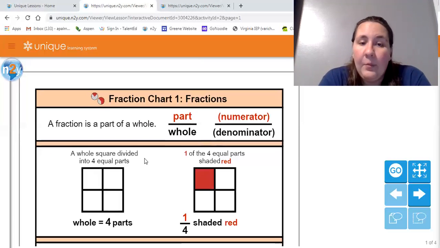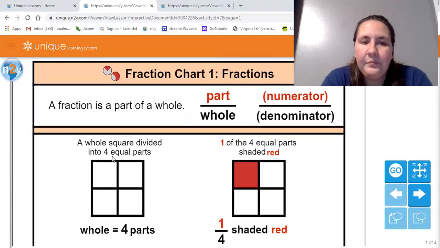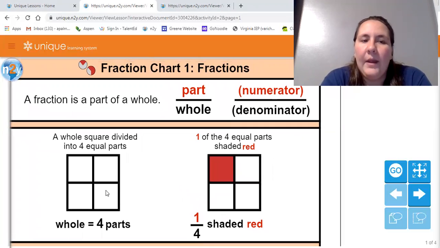So for example, we have our square here. I'm going to zoom it in a little bit more. So we have our square, and it says this whole square equals 4 parts. So if I were to count, and I'm going to get out my little drawing tool so you can see me count. Because when I count for fractions, I like to put dots in there so that I don't forget any of them.